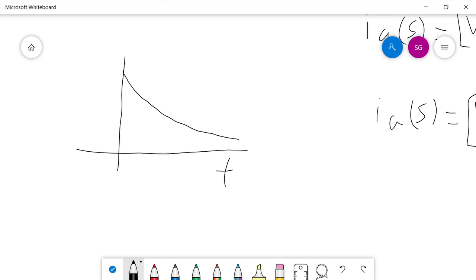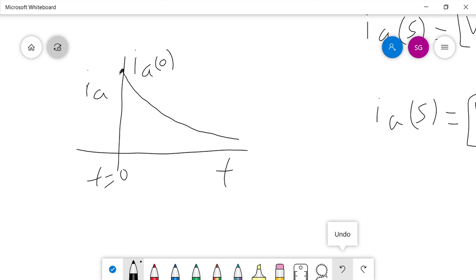So as per the definition of time constant, let us say this is IA, the armature current. This armature current will have an initial value at t equal to 0, this point. Now this armature current is decaying with t.